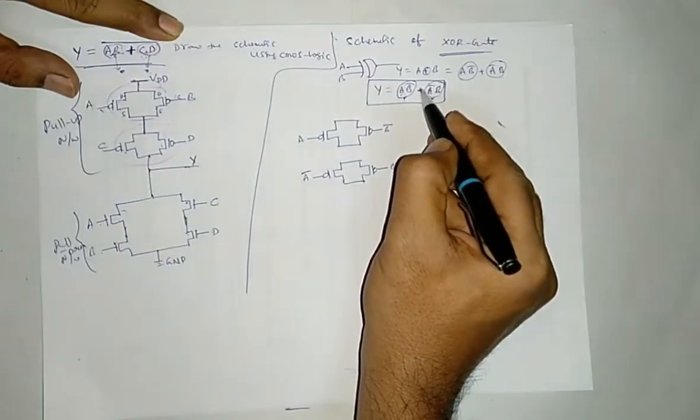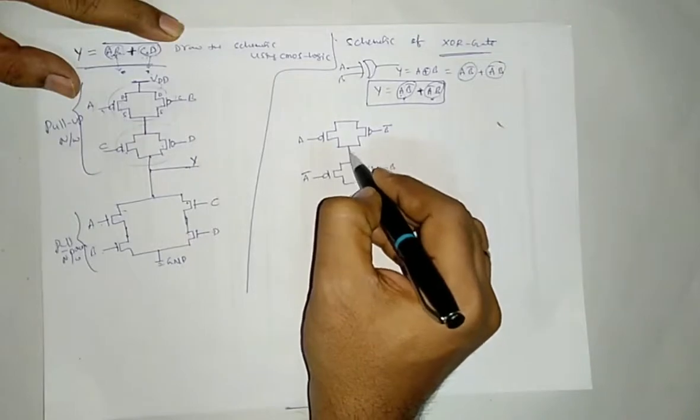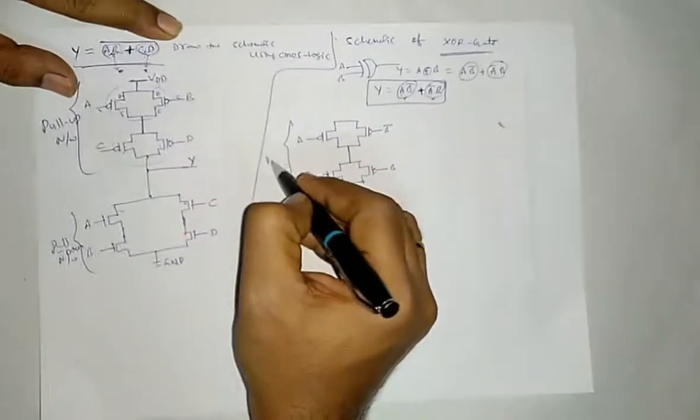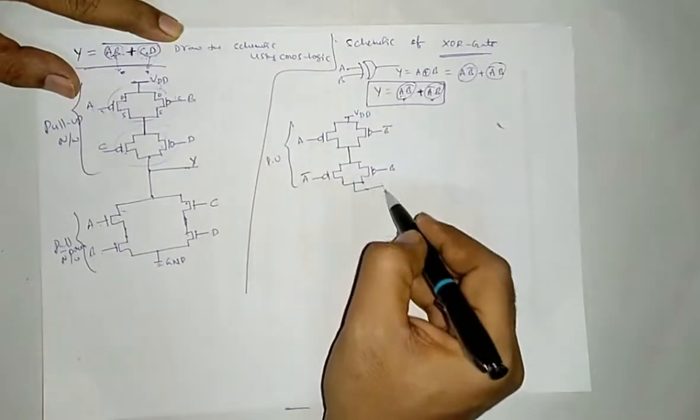Here it is plus, nothing but sum term. Sum term means these two combinations should be connected in series. So this is the pull-up network, hence it is connected between VDD and output.